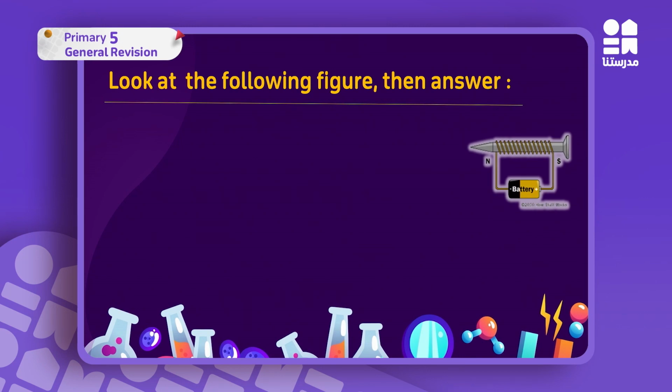Another question, look at the following figure, then answer. We have a picture or a figure for something. We call this electromagnet. Yes, perfect. The electromagnet consists of battery, electric wire, and iron or soft iron or wrought iron.